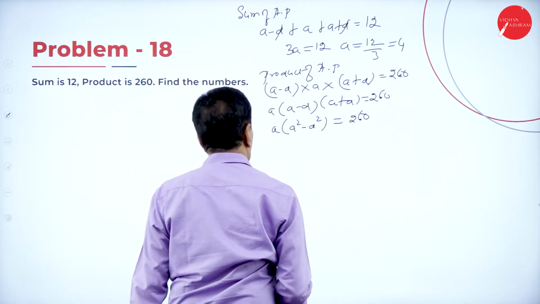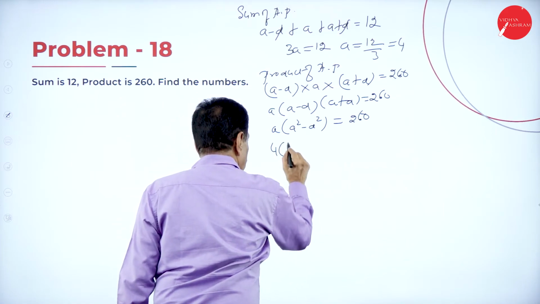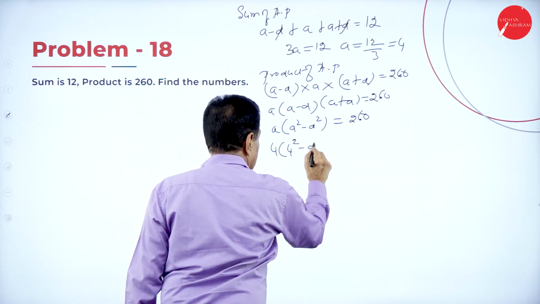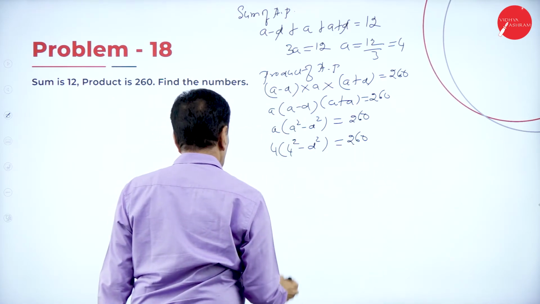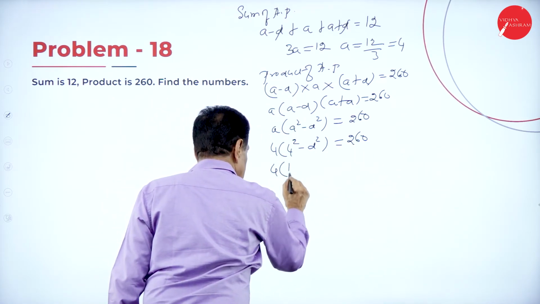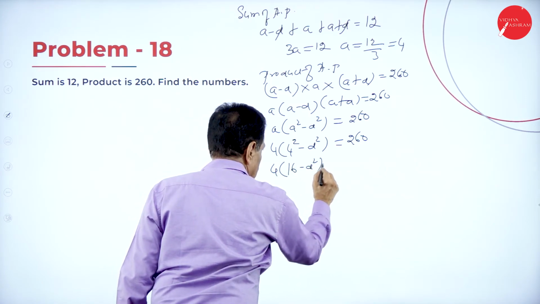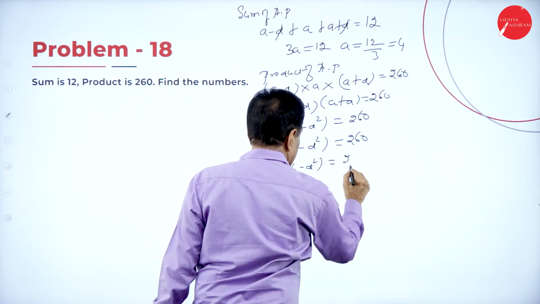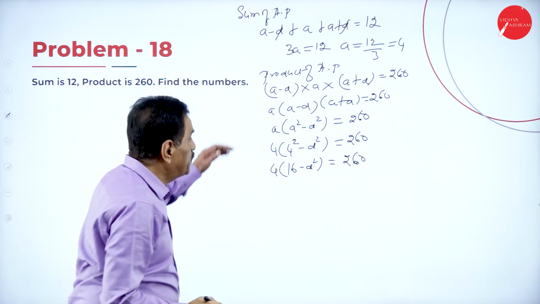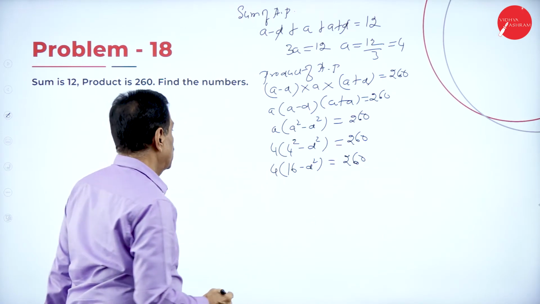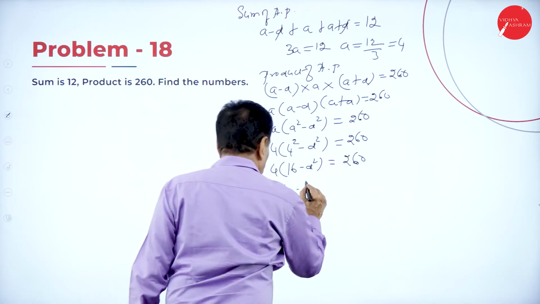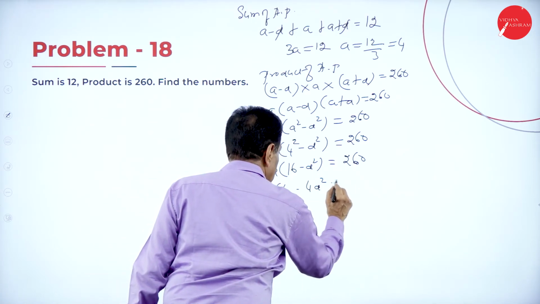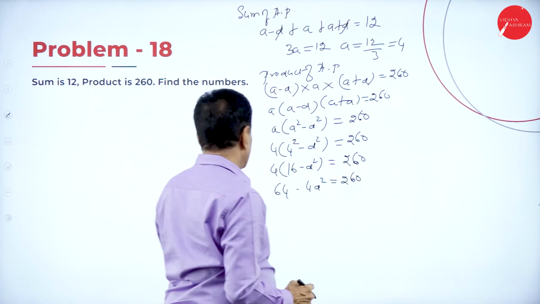What is A? 4. 4 square minus D square is 260. 4 square is 16. I'm going step by step. See that 4 into 16, 64 minus 4D square is 260.